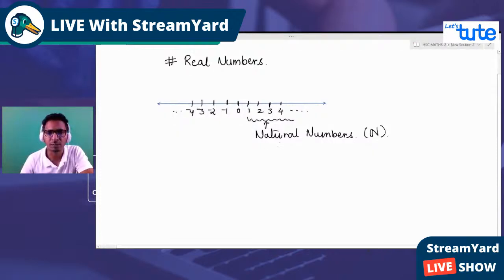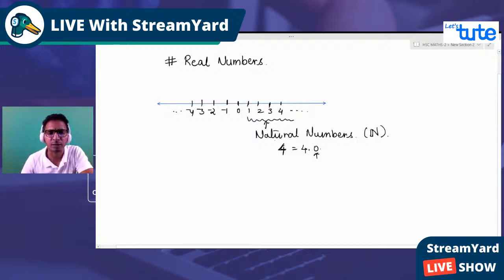Basically, if it is 4, we can also write this as 4.0. The 0 indicates that we don't have any other number after the decimal, correct? In the case of 4, we don't have any digit after the decimal, correct?